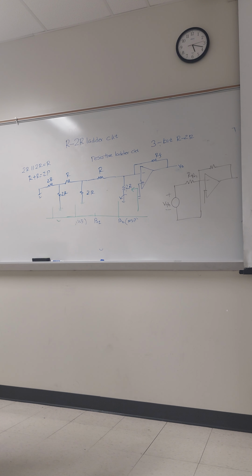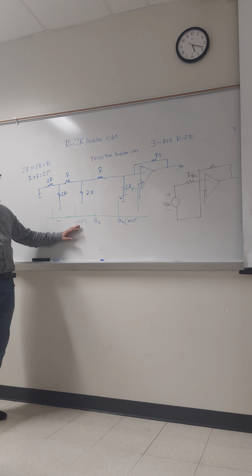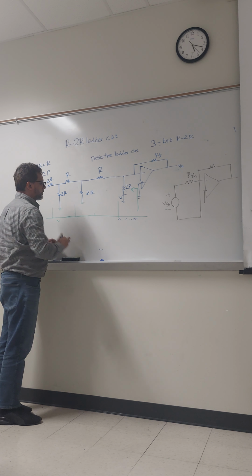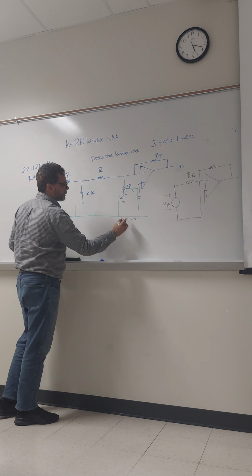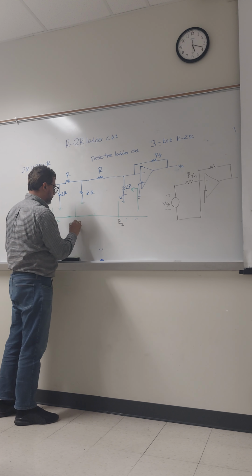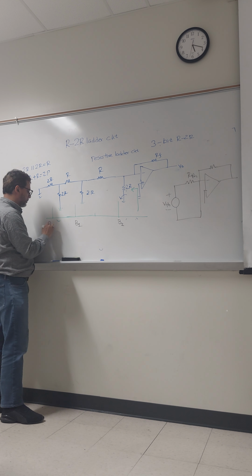To find the Thevenin equivalent voltage, we will consider one voltage source at a time. What does it mean? Here we are trying to understand with 3 bits. This was my MSB, so this was B2, this is B1, this is B0.